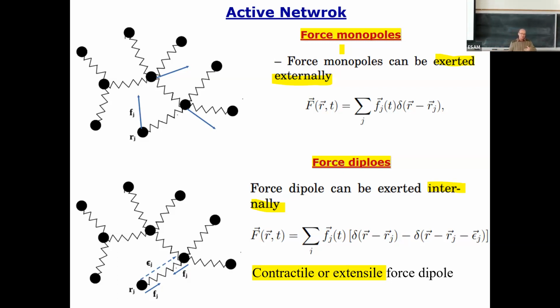So they are called force monopoles. It's like you have a network of people, and other people from external are pushing you, but you are connected by springs. So these are force monopoles. They are external. But there are force dipoles. There should be an arrow here that you could see. The dipoles are internal forces. Even chromatin has enzymes, helicases, and so on.